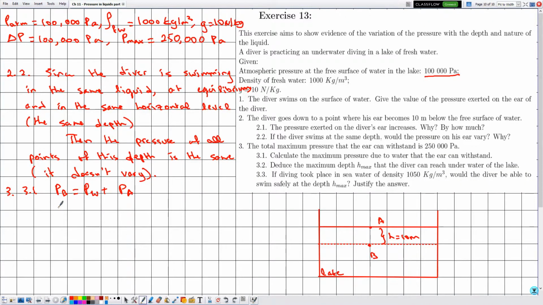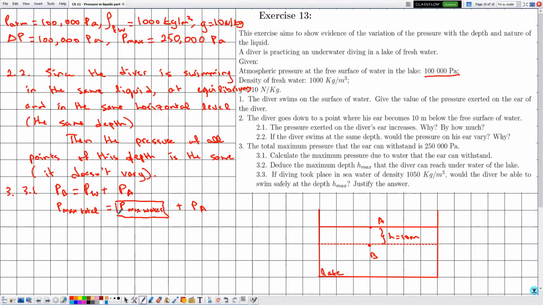So let me say that this is P max total, which is equal to P max water plus PA. Knowing that we are interested in the maximum pressure due to water, we will keep this as a variable.